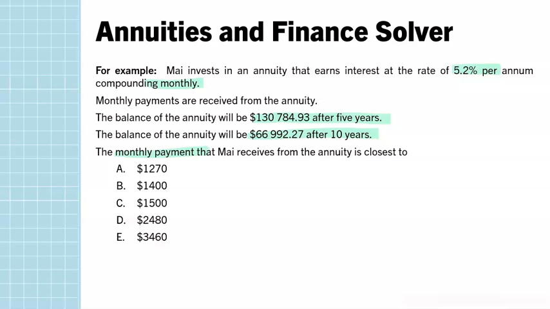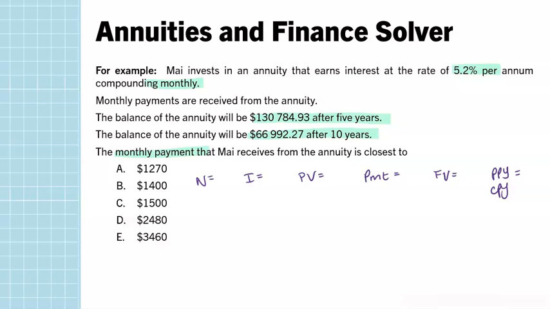So remember, with our finance solver, we are wanting to put in as much information as we can, and so we will always have one thing that we're left to solve for. And so in this case, the other key thing to remember is that we generally think of our PV being our principal value, but it is just any start point.